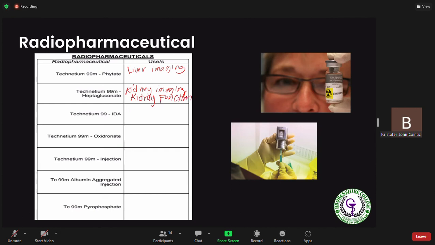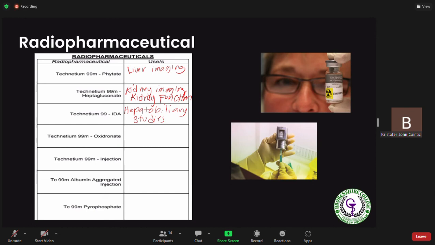Next, your technetium 99m IDA. This is used to test your hepatobiliary system. Others say biliary, it's up to them. Next, we have your technetium 99m oxidronate.